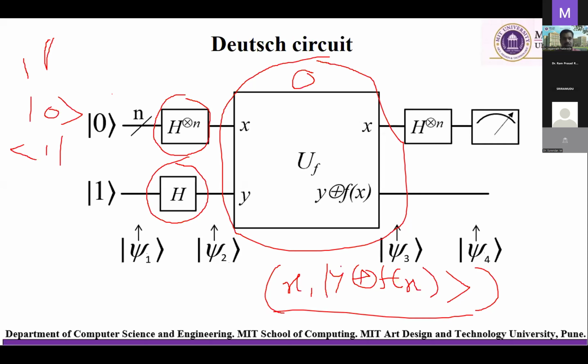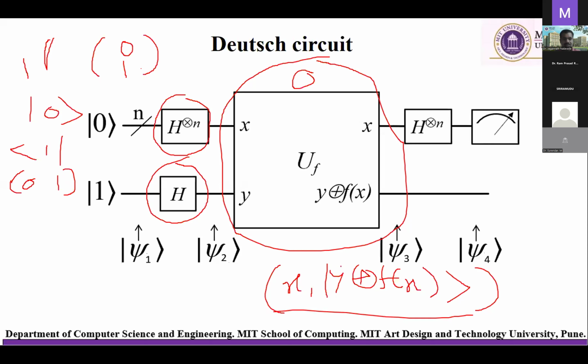This ket notation is used for column vector representation, whereas the bra notation is used for row vector representation. For ket 0 it is 1 0, and for ket 1 it will be 0 1.